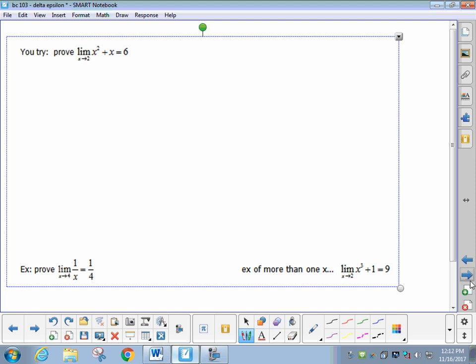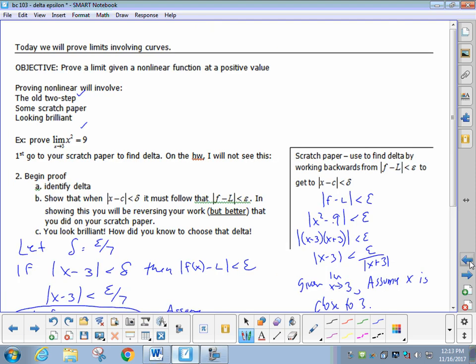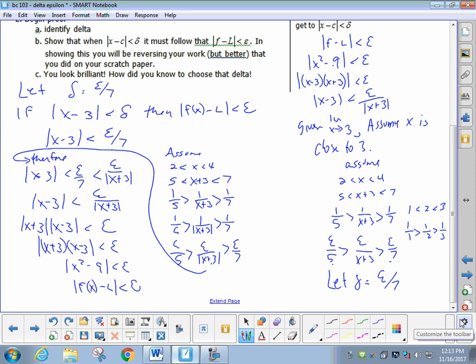So how did you choose the epsilon over 7? I'm so glad you asked that because I want to talk about it. Had you chosen epsilon over 5, how would it have flowed? Then here this would be epsilon over 5.